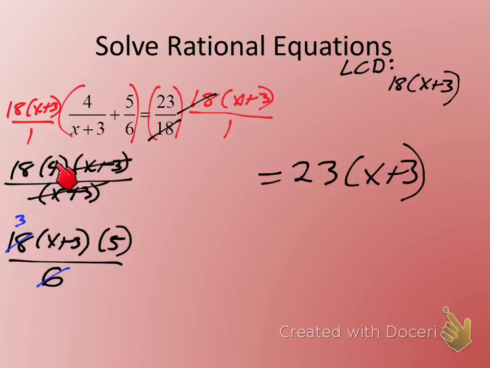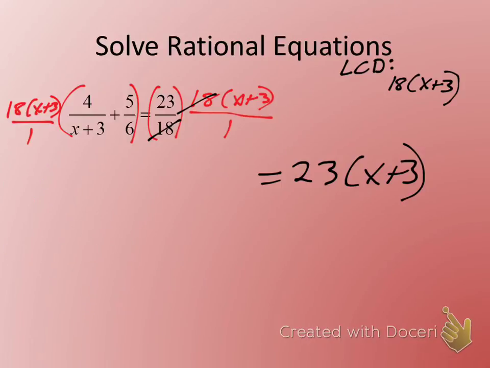However you want to show that work, what I often do is just do it in my head. If I have 18 times x plus 3 and I'm multiplying this first term by it, I know the x plus 3's are going to cancel, so I'm left with just 18 times 4.